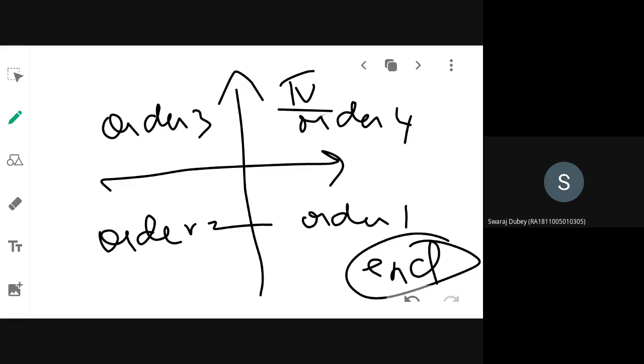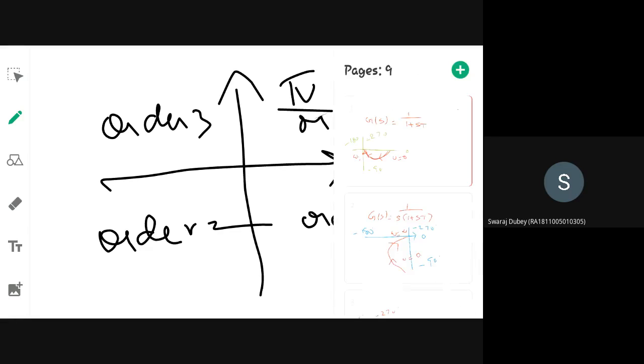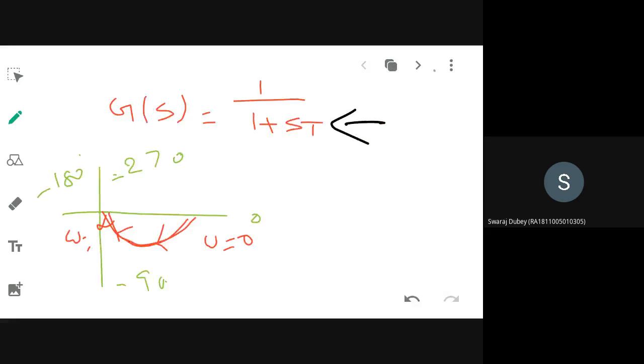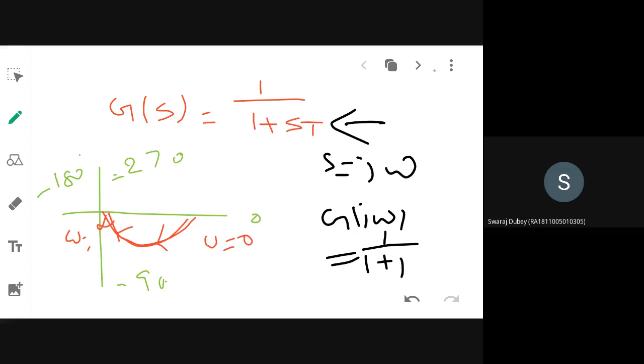Sometimes if you see the figure, for example, this is your given transfer function. If you substitute s equal to j omega here, it will become 1 plus j omega T. What is the type and what is the order of the system? Come on, the answer should come immediately from your side. Type 0, order 1.